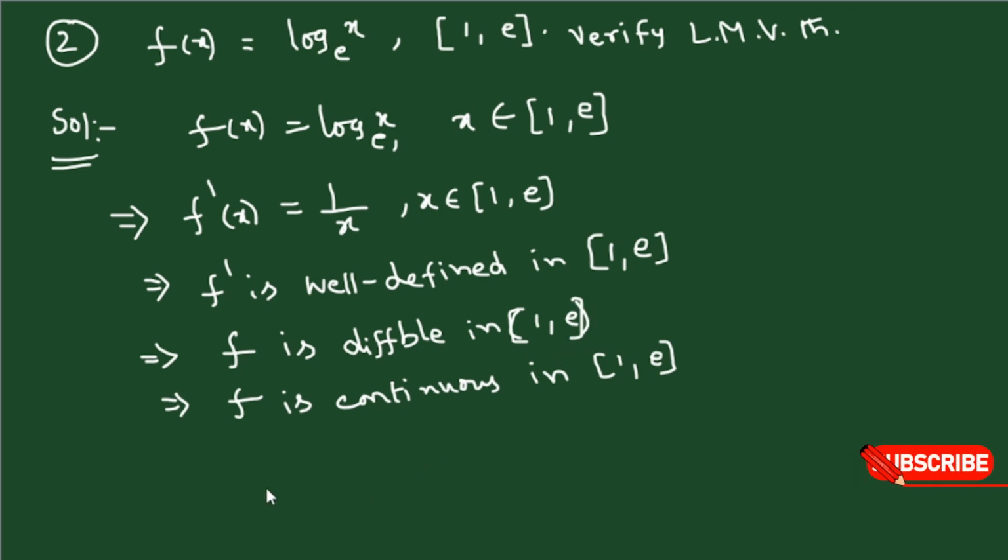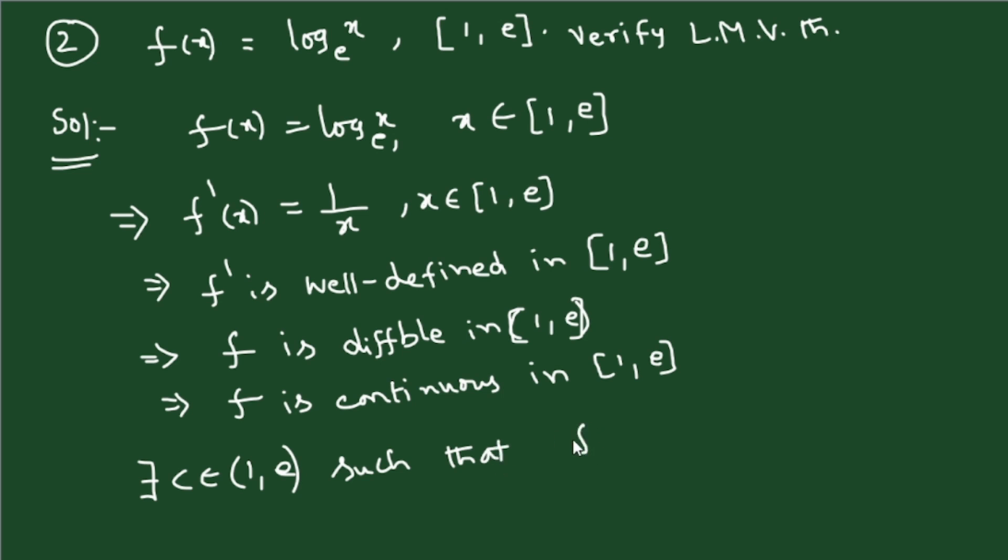Right? Nothing wrong. Then, according to Lagrange, there must exist a c in between a and b. Here a and b are 1, e. So there exists c in the open interval (1, e) such that f dash c equals (f(b) minus f(a)) by (b minus a).